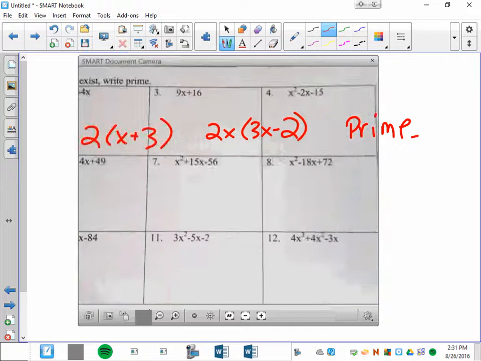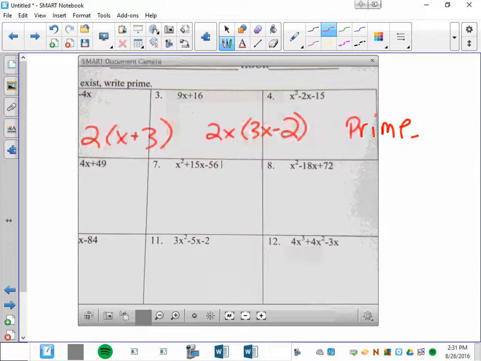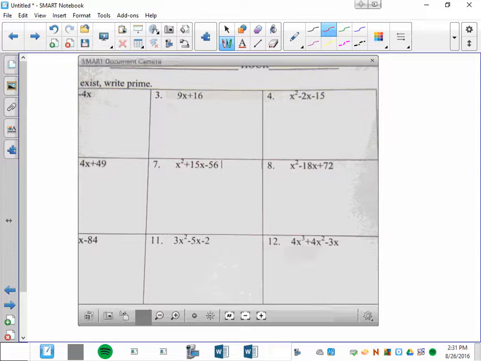Okay. Number 4 is a little bit different. Does it have a greatest common factor? No. So we're going to check to see if it can be factored either using the box or just factoring using binomials. So in the box, I put in x squared in the first one and negative 15 in the last one, and then what?